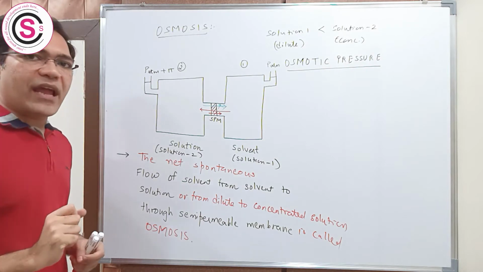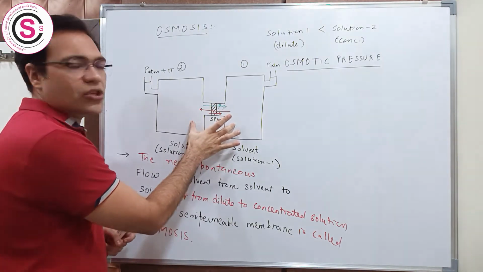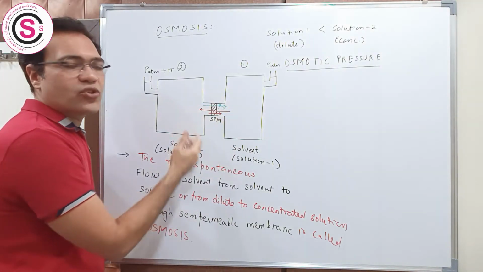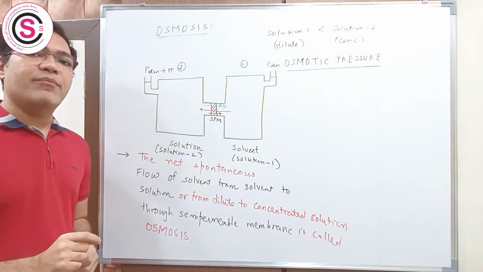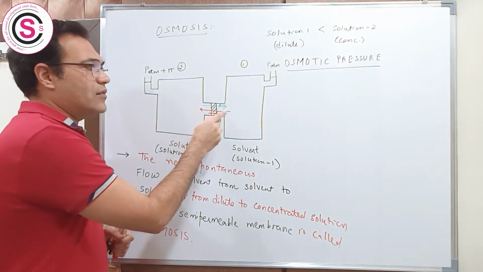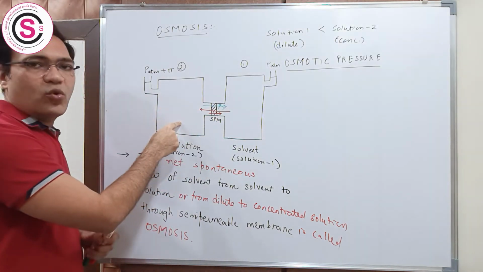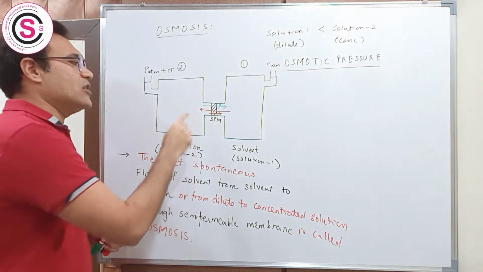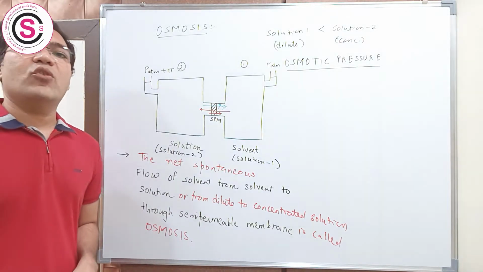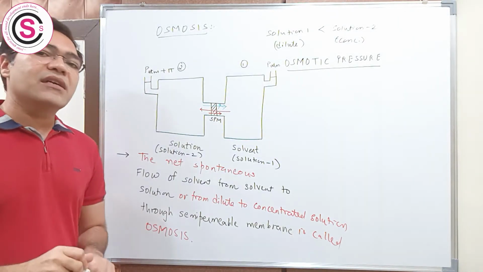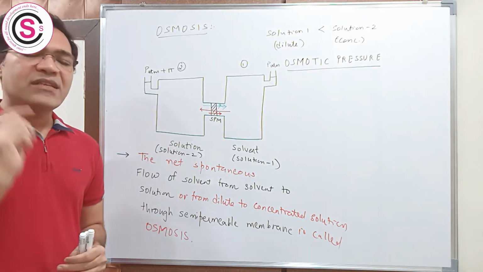And at this point of time, students, we say that now the solvent and the solution are in equilibrium with each other, because at this particular time the rate at which solvent will flow from container 1 to container 2 will be the same as the rate at which the solvent will flow from container 2 to container 1, and hence we say that equilibrium has been established, and thus the process of osmosis stops, or I should say thus the net process of osmosis stops.